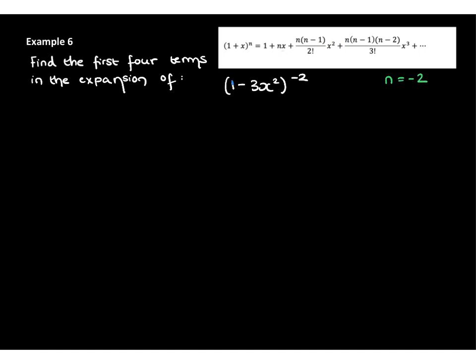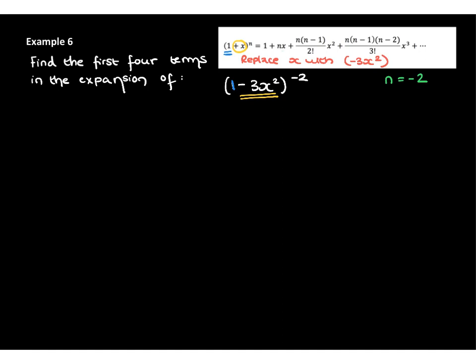The expansion begins with 1, as have all the examples we've done so far, but instead of a single x we have, and again more complex here, negative 3x squared. So remember, every time you see an x in the binomial expansion formula, you need to replace it with negative 3x squared.